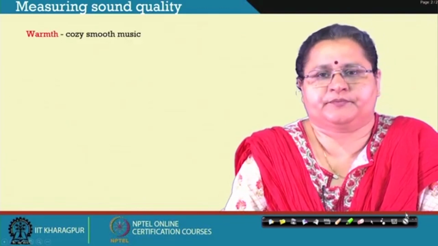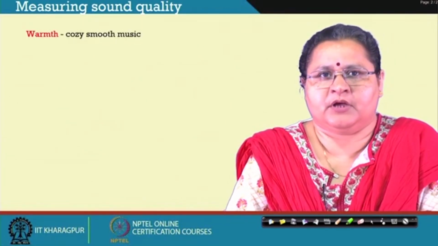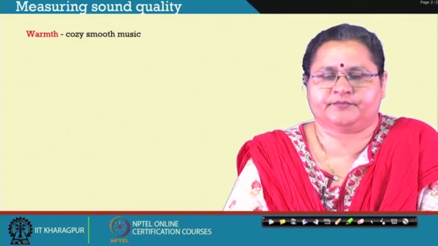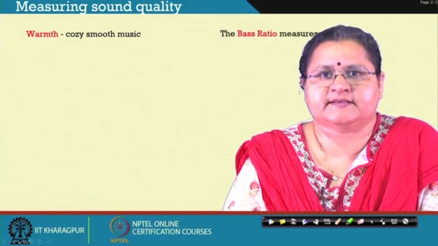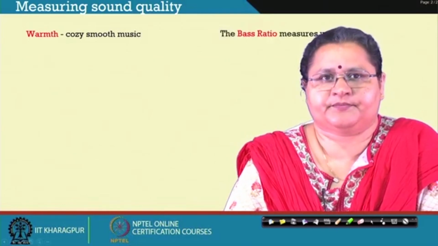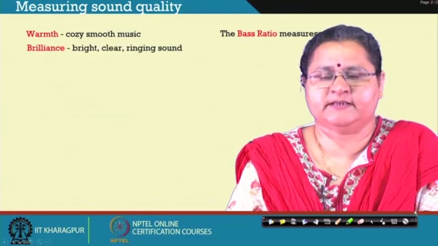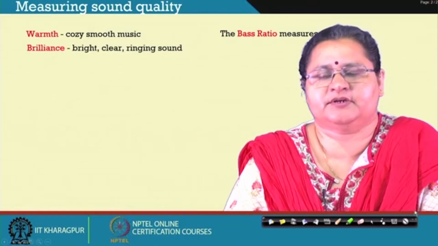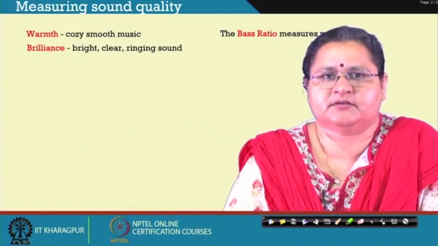Next is warmth. How cozy is your hall? How smooth is your music? The opposite to it is brilliance. Now, brilliance is how bright, how clear, how ringing the sound is within the environment.